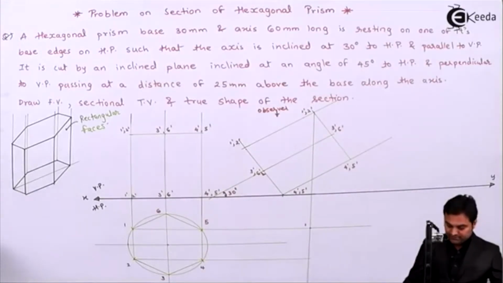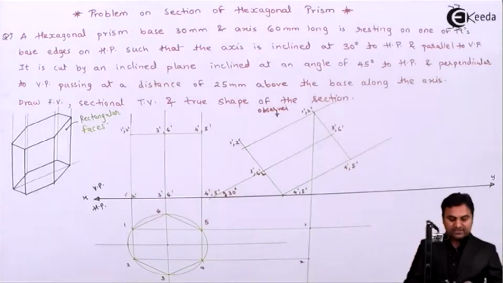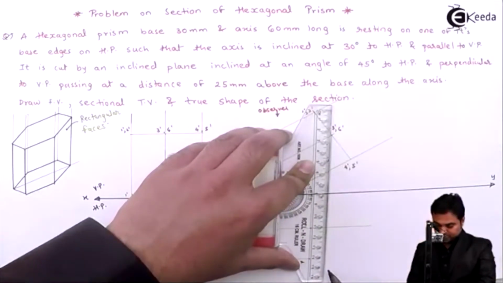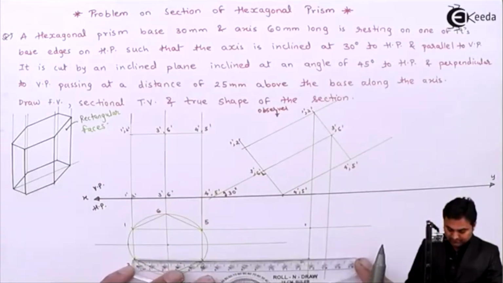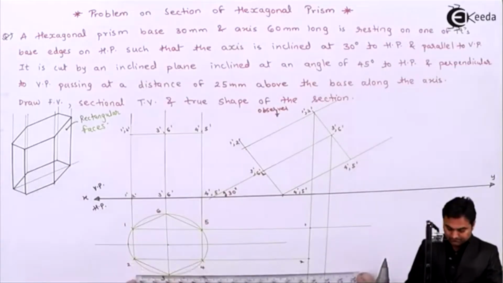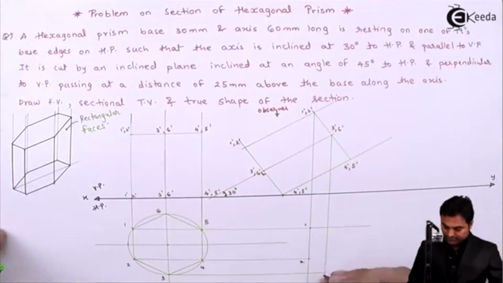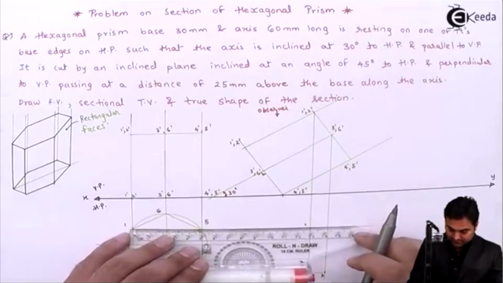This gives me point 2. Then 3 dash 6 dash, projecting it light, and here point number 3 from the top view, where they intersect, that's going to give me point 3. Then 6 dash is also on the same line, so projecting point 6.